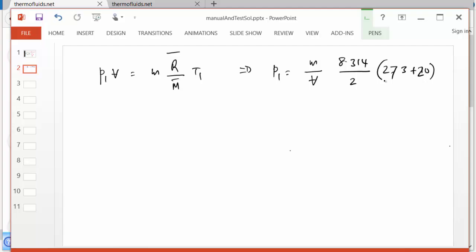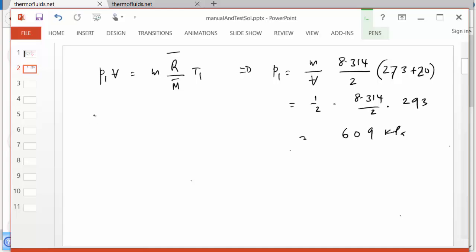If I substitute mass equals 1 kilogram and volume equals 2, this becomes a half, 8.314 by 2 times 293, and that turns out to be, I think I calculated that, 609 kPa.